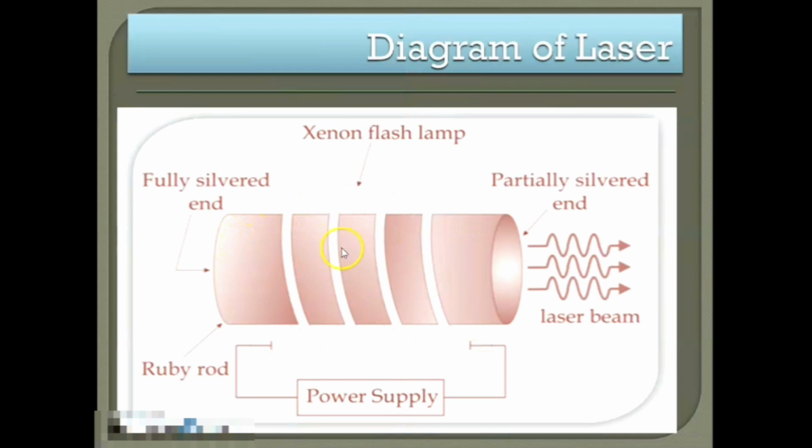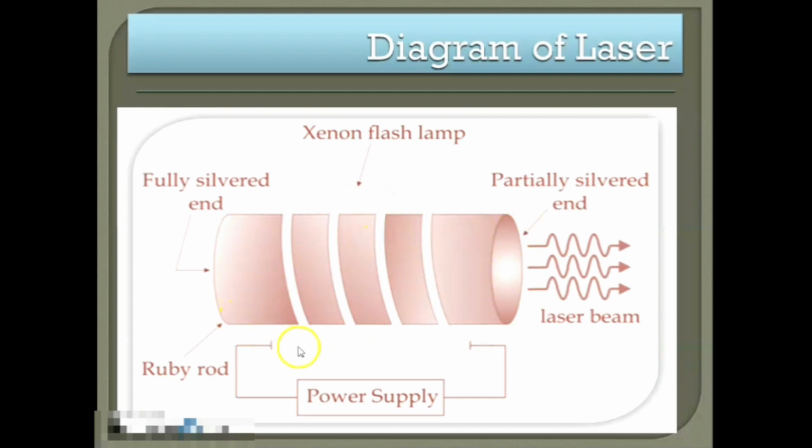We require a cylindrical Ruby rod for Ruby laser, in which this end of the rod is coated by fully silvered material, and this end is coated by a partially silvered surface.